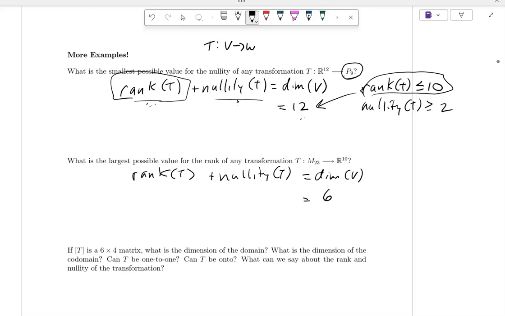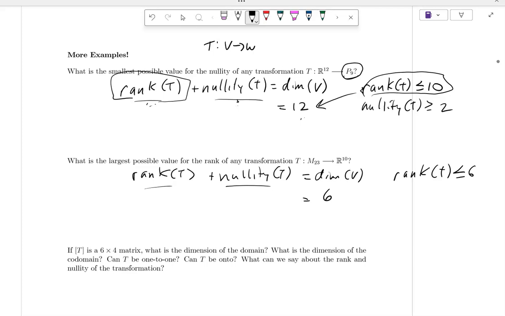So in particular, what's the biggest either of these two numbers could possibly get? 6, right? We can't get any bigger than 6 because I'm adding those two things together, right? So your rank always has to be less than or equal to 6. Okay. All right.